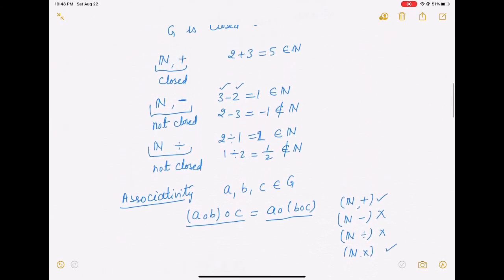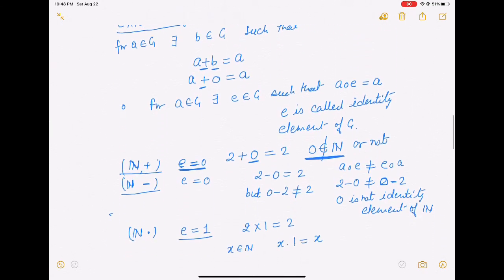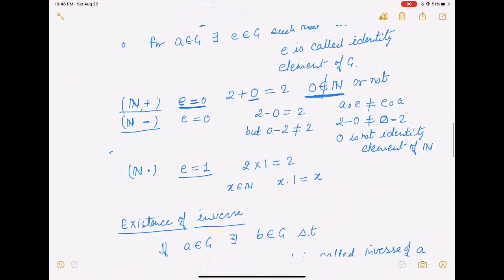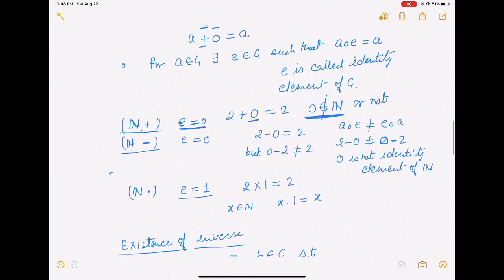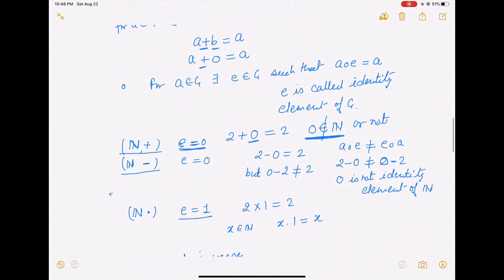So whenever we deal with these properties, what is the important thing? The important thing is that we not only look for the operations, we also have to see whether the elements on which we operate belong to the set or not.